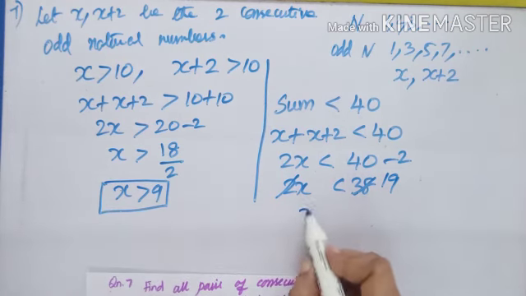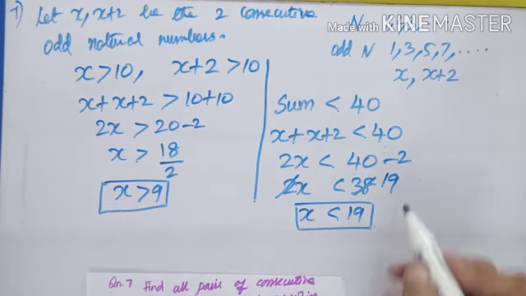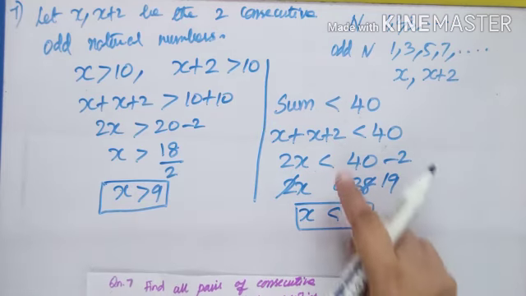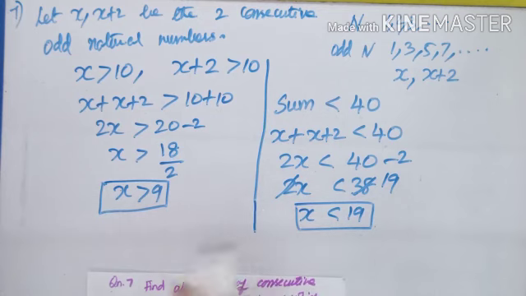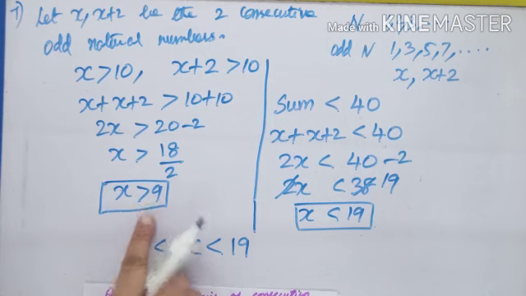So x less than 19. Whenever we cancel, ensure it is a positive quantity so that the inequality is the same. So these two together I will say x is more than 9 but less than 19.